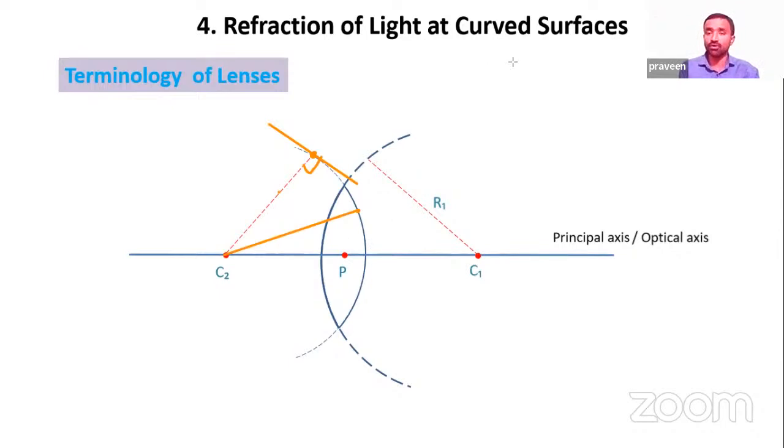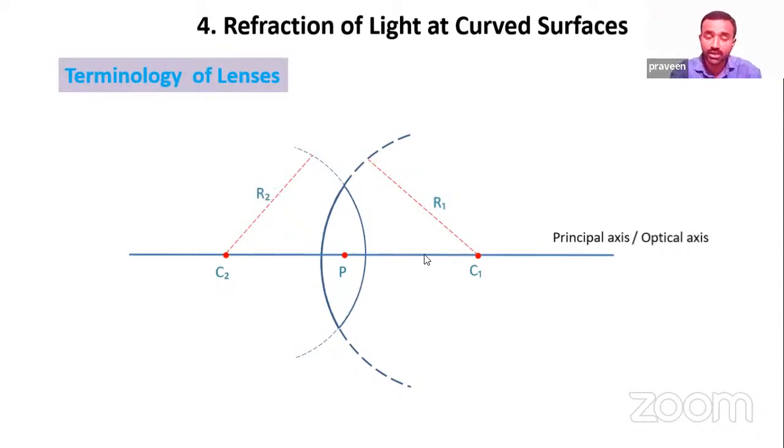That line you drew, the radius of curvature, is perpendicular at that point to the tangent line. A tangent means simply the line which meets the surface only at one point. So you can take this left side distance from the center to the boundary as the radius of curvature R2.